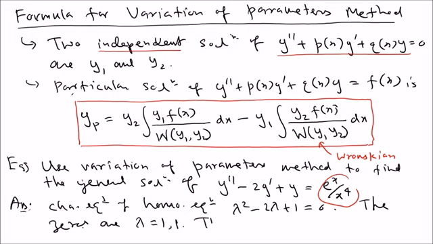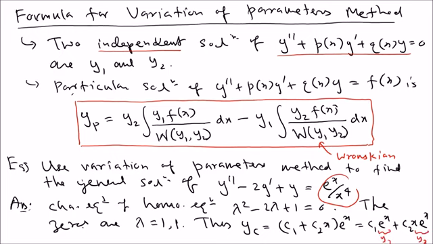Thus y_c is c1 e^x plus c2 x e^x. So those two are y1 and y2, the two solutions.